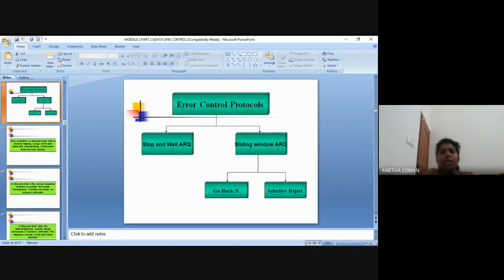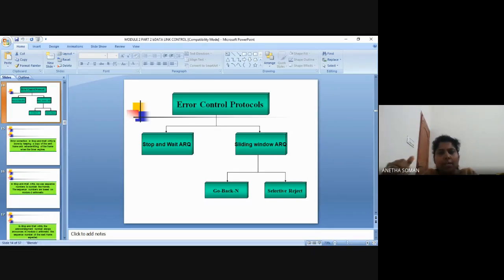Now here you have two different error control protocols. One we have already studied in flow control, but an additional thing is added, that is nothing but ARQ: stop and wait ARQ and sliding window ARQ.